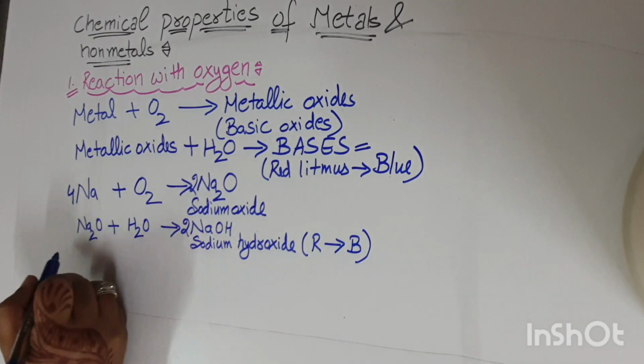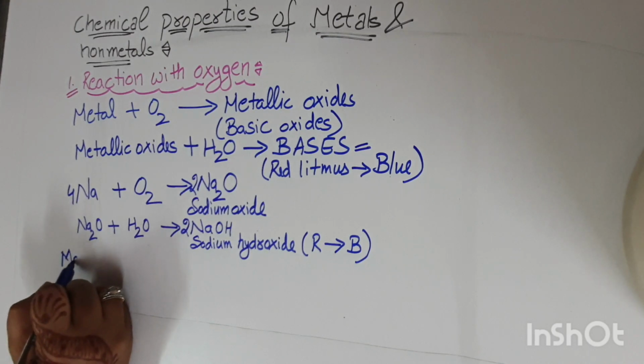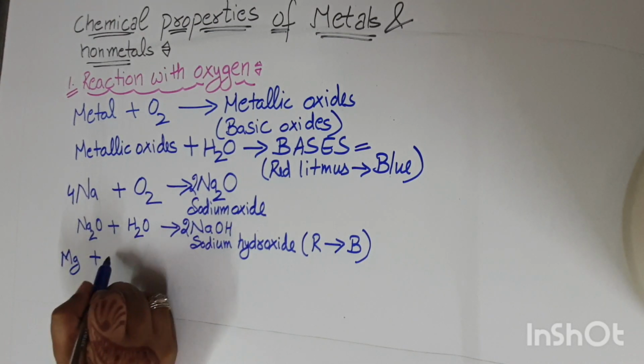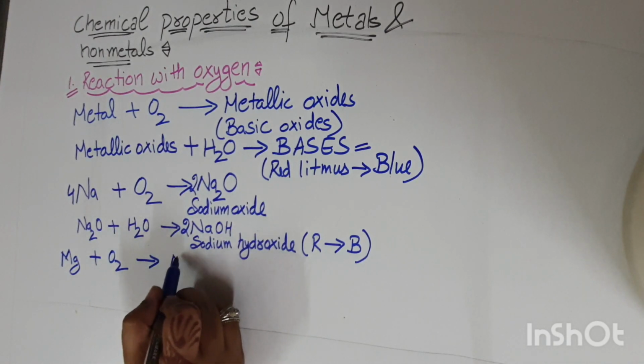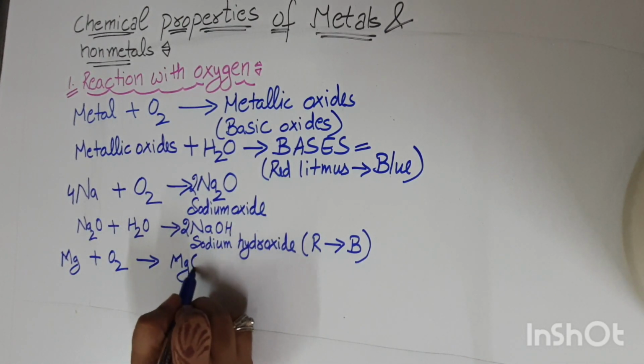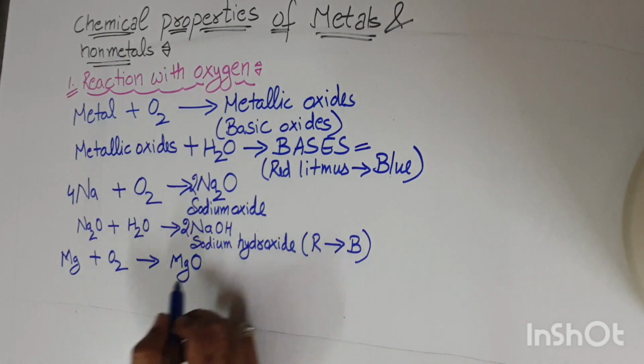The next reaction: we can take the magnesium ribbon and burn it in oxygen. It will burn with a white sparkling light and it will form a white color powder.